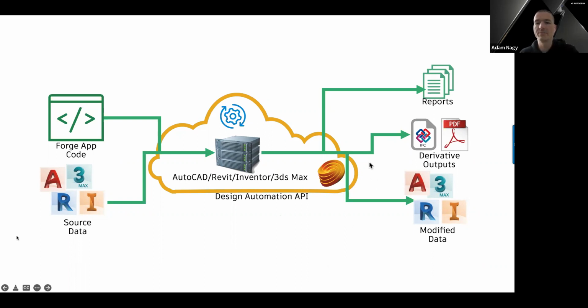And then your app bundle code can create different kinds of outputs. Maybe you're turning, for example, an Inventor drawing into a PDF file, or creating IFC from a Revit file, whatever it may be, or just updating existing desktop product models, whether it's an Inventor, Revit, 3ds Max, or an AutoCAD file.